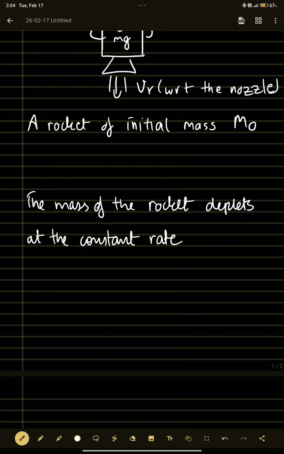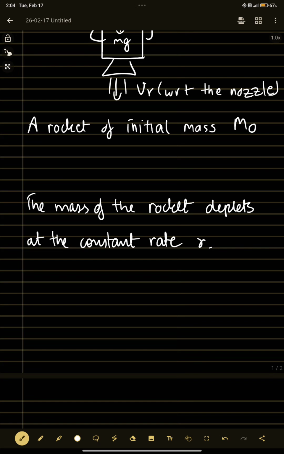Now this depletion continues till burnout, till the rocket achieves burnout.